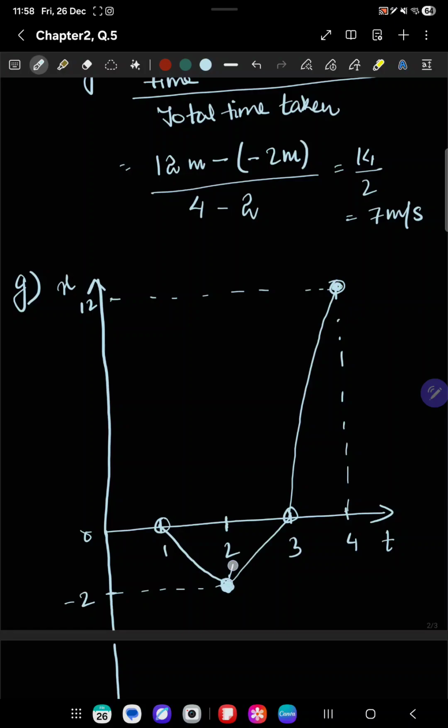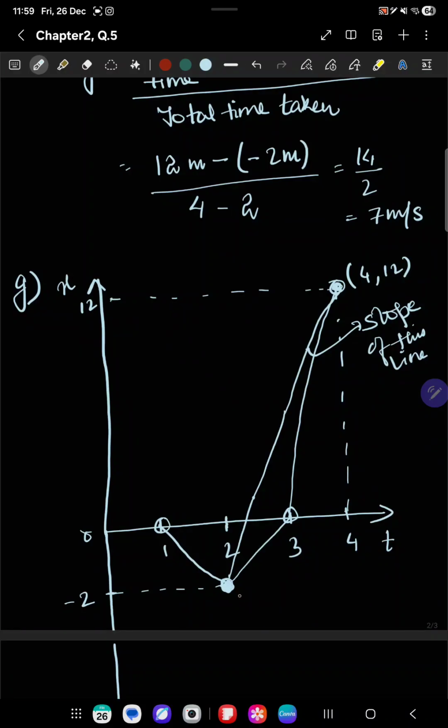So we just need to connect these two points, right? And we need to find the slope of this line. So slope of this line will give us the average velocity between t equal to 2 second and t equal to 4 second. So we just need to write the coordinates here. So this coordinate will be 4, 12, and this coordinate will be 2, -2.